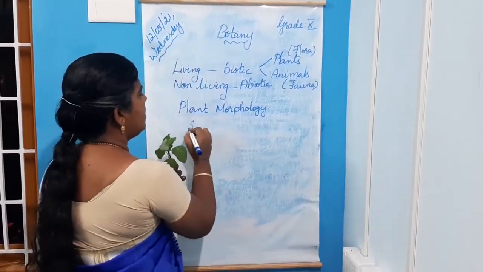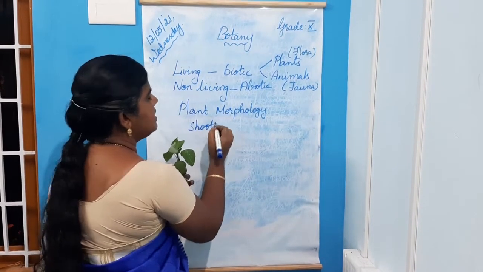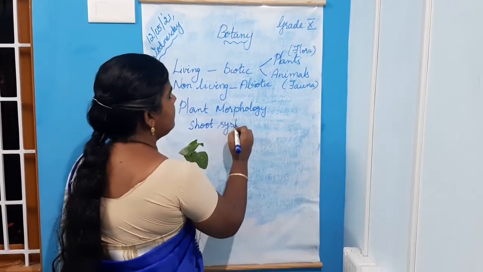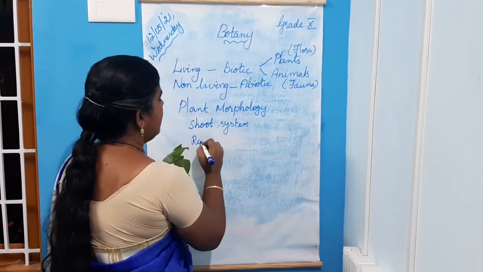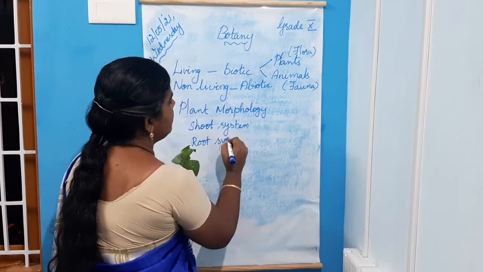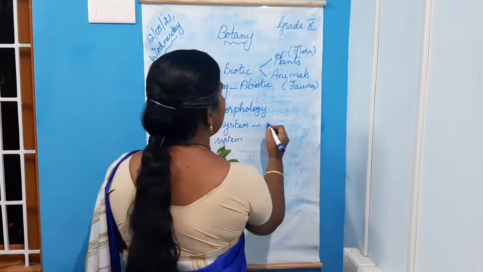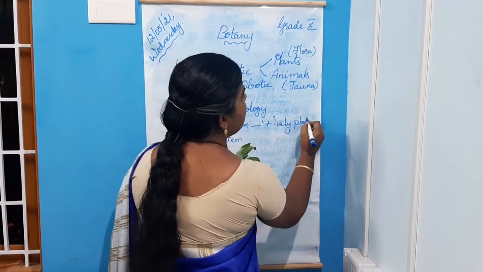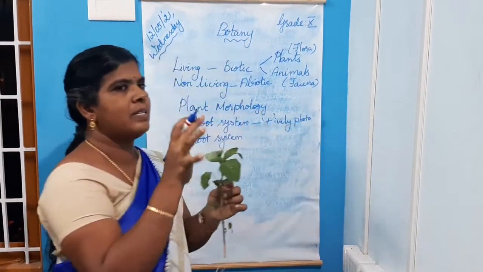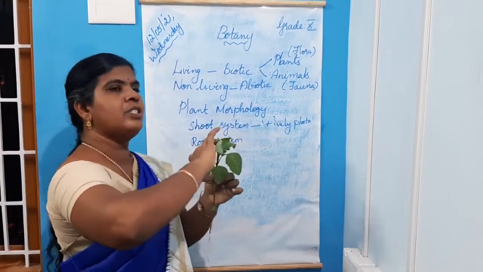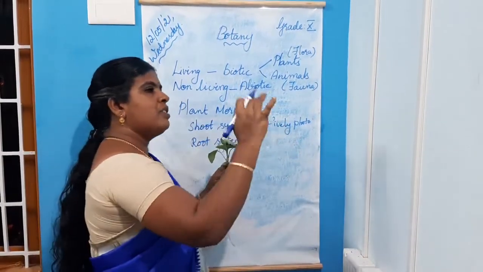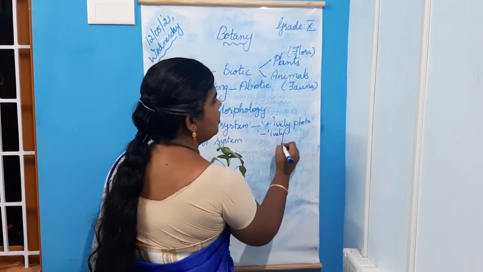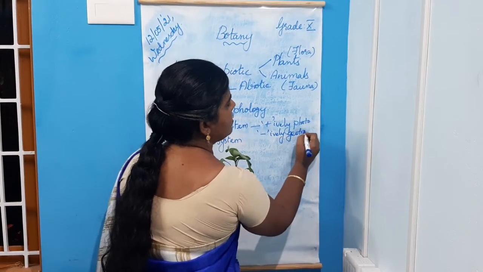Each and every plant has two important systems, shoot system and root system. This shoot system is positively phototropic. Photo means light. It always grows towards the light. Shoot system is positively phototropic and grows against gravity, so it is negatively geotropic.